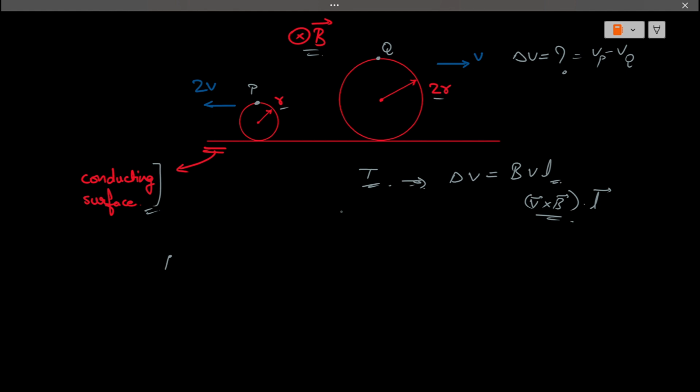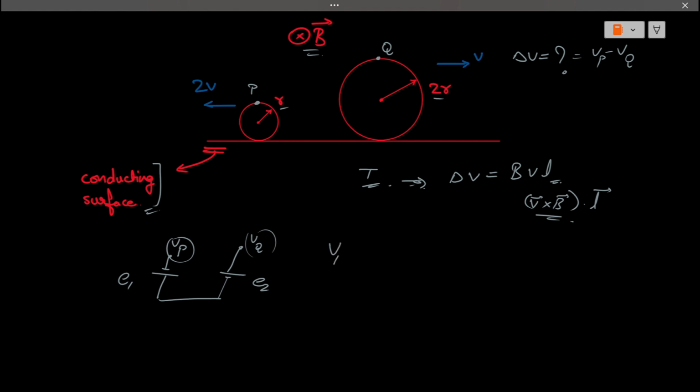So the direction for the first motional EMF for the first ring will be downwards, and we'll have a conducting wire because the surface is conducting, and we'll have the second EMF E2. We have the point P and the point Q, so we have VP and VQ, right? And we are given the EMFs E1 and E2.